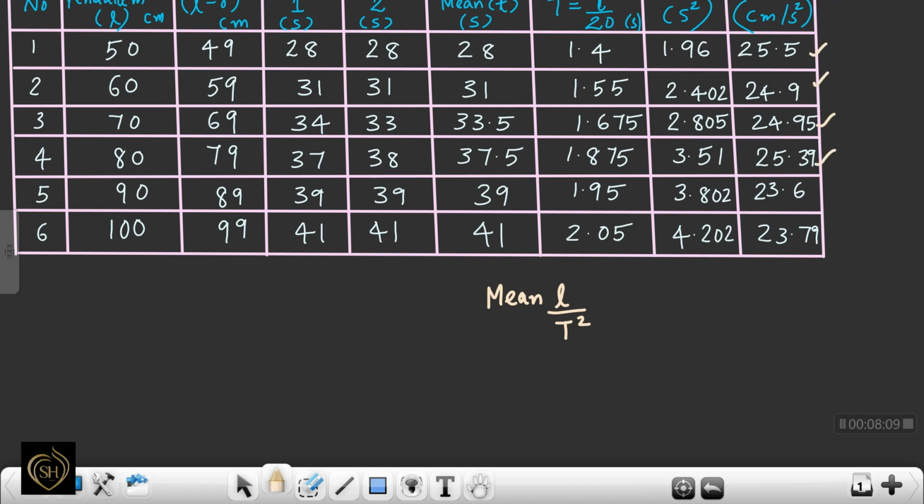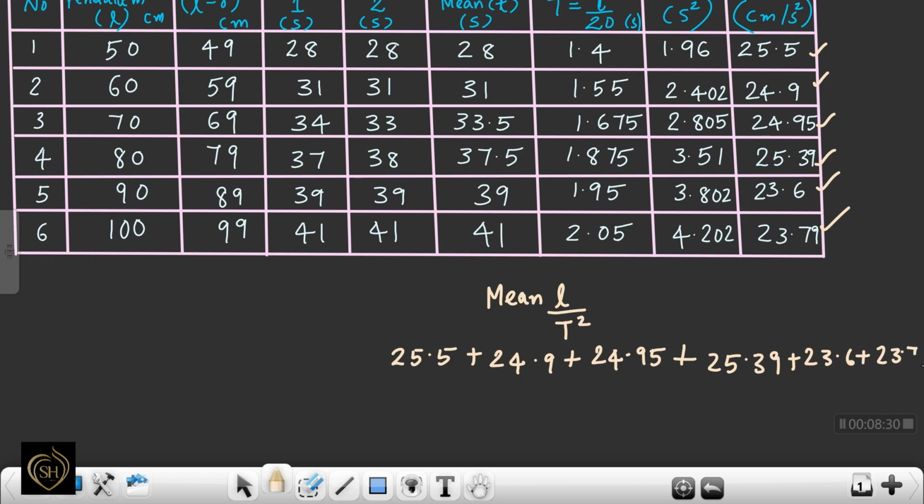1, 2, 3, 4, 5, 6. So 25.5 plus 24.9 plus 24.95 plus 25.39 plus 23.6 plus 23.79, the whole divided by number of observations, 6.